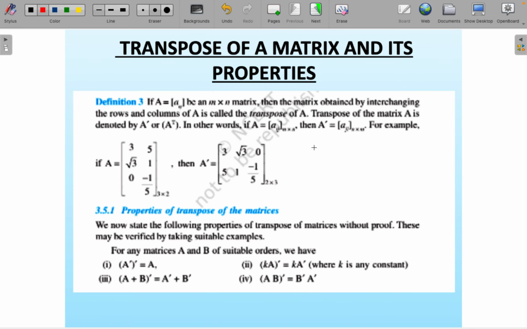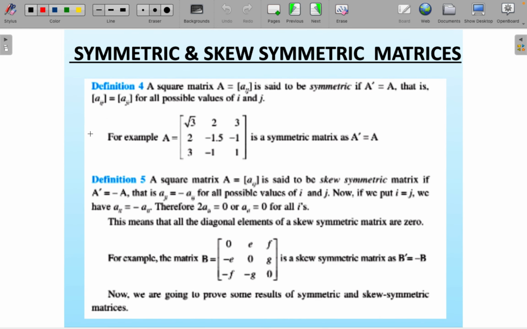Let's learn two important matrices which are named after this property. First is known as a symmetric matrix. When do you call a matrix a symmetric matrix? A matrix is said to be a symmetric matrix if A transpose is equal to A. Okay, so if somehow we get A transpose equal to A, then it is known as a symmetric matrix.